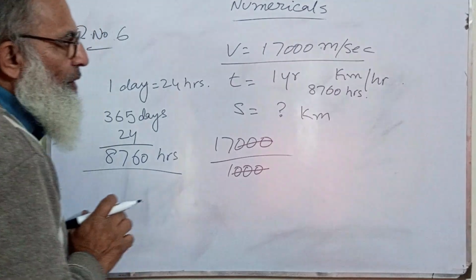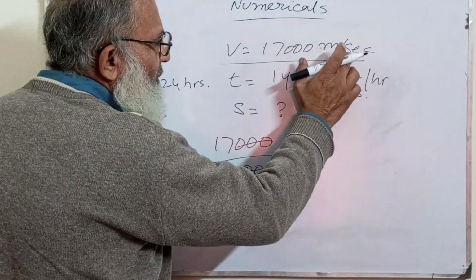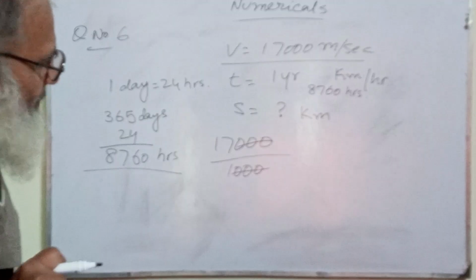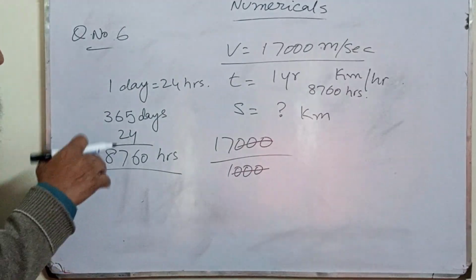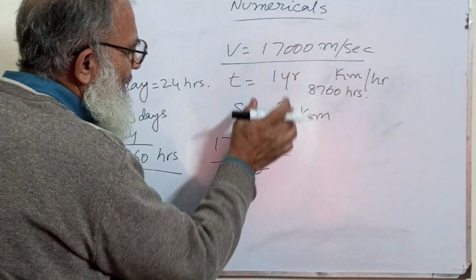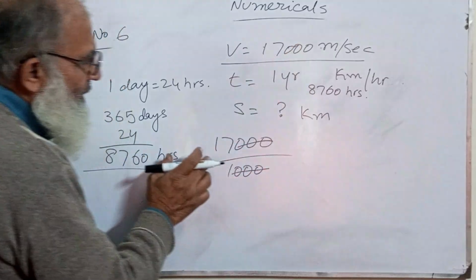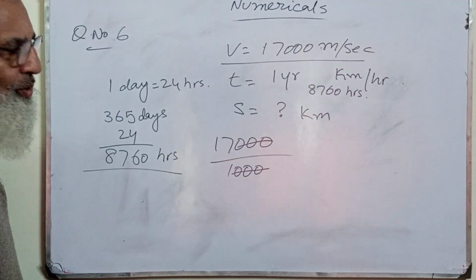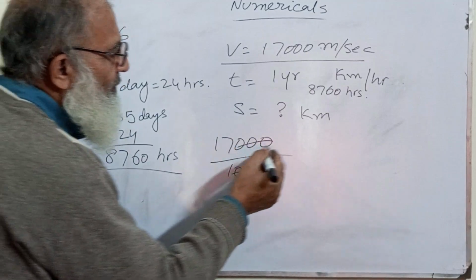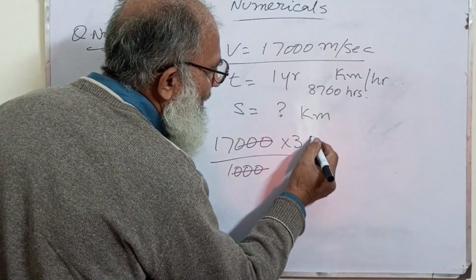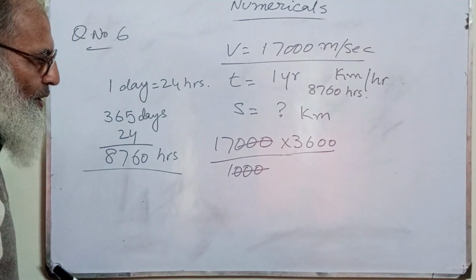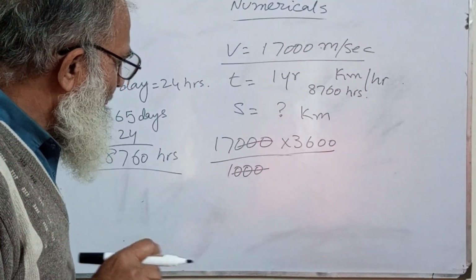But we also have to change this into hours, because this is in seconds. You know that in 1 second it is traveling 17 kilometers. So that means in 1 hour it will travel like this.